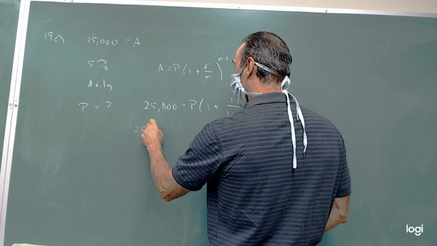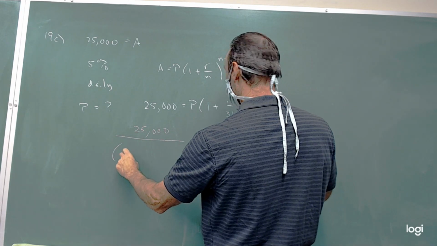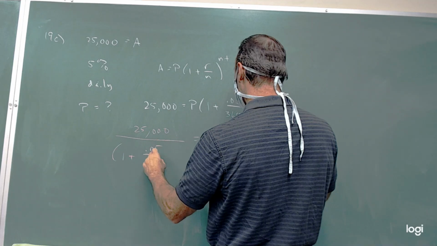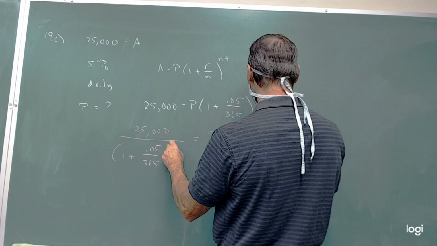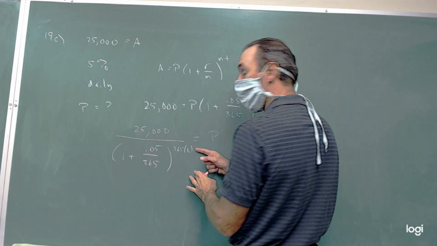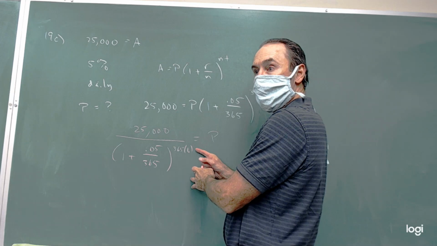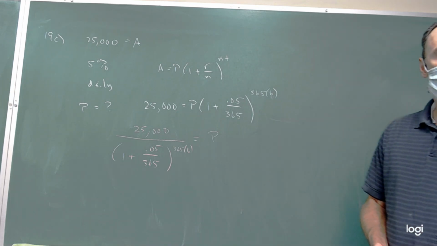We'll go 25,000 divided by, and then we'll have this 1 plus 0.05 divided by 365 raised to the 365 times 6. And you can put all of this as one calculator entry into your calculator, and then see what we get.